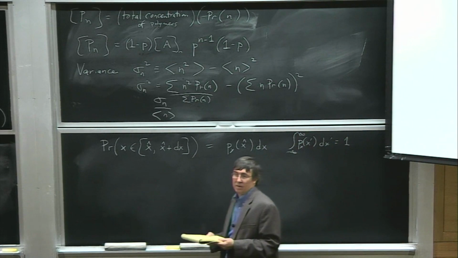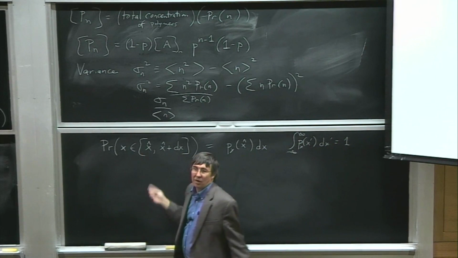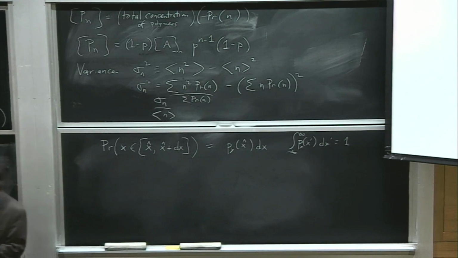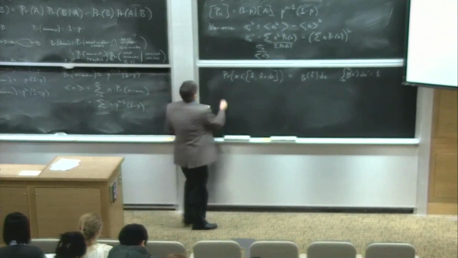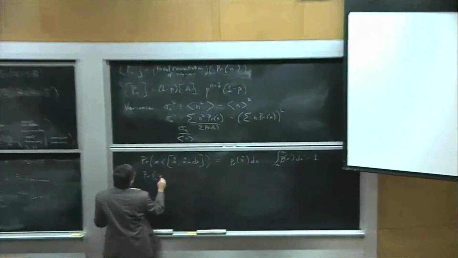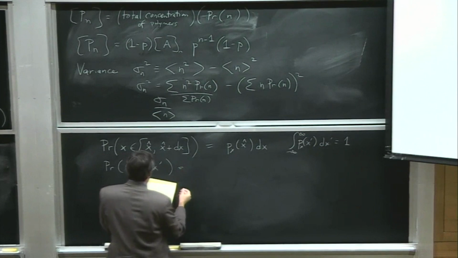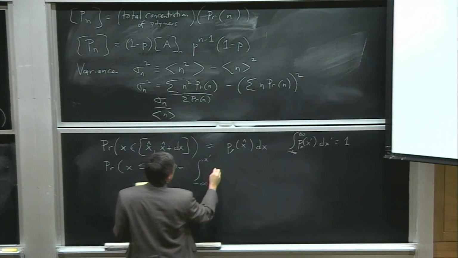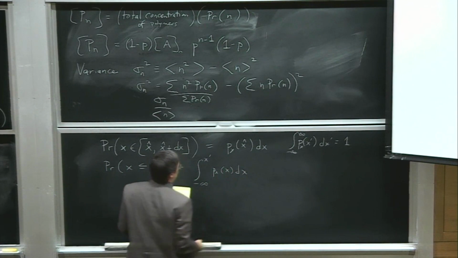It's a probability, which is the same as saying the probability that x has some value anywhere is 1, because there's an x you measure. And you can also have the probability that x is less than or equal to x prime, and that's the integral from negative infinity to x prime of p_x of x dx.